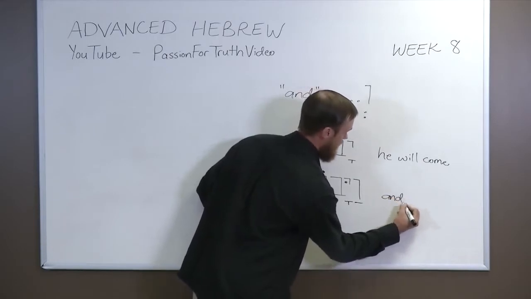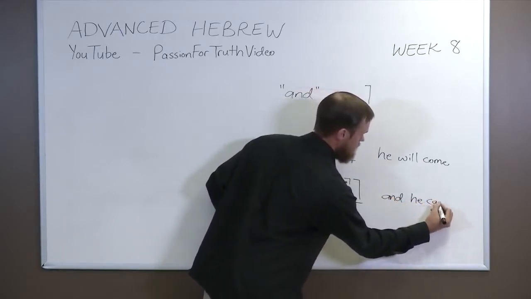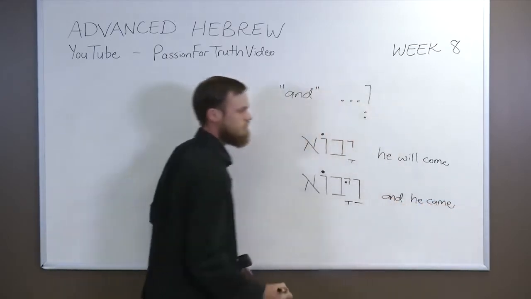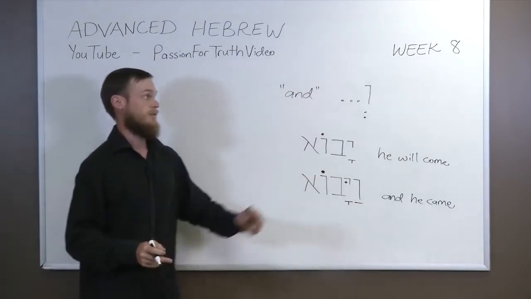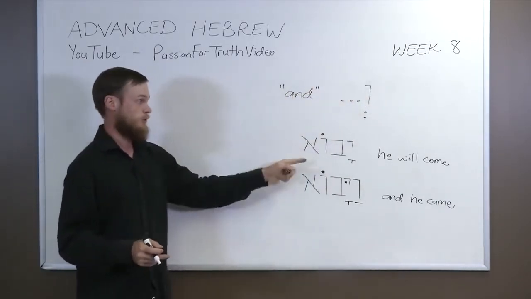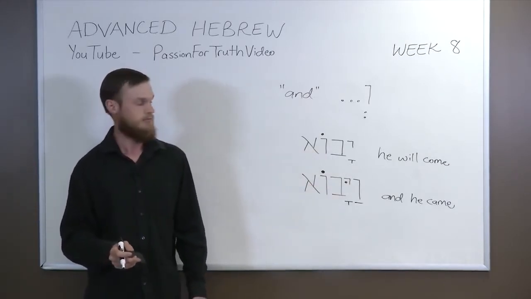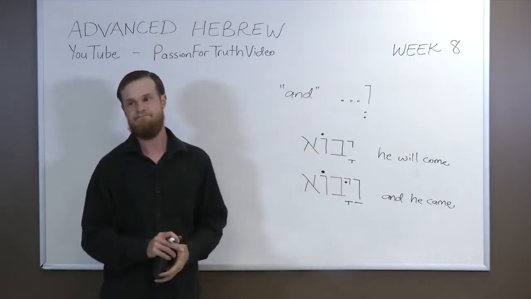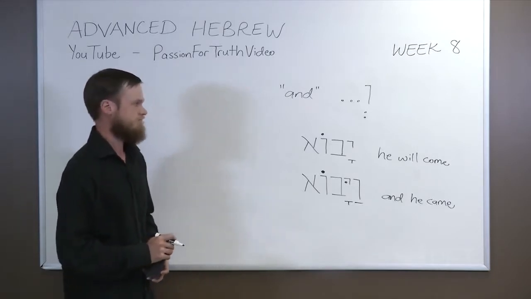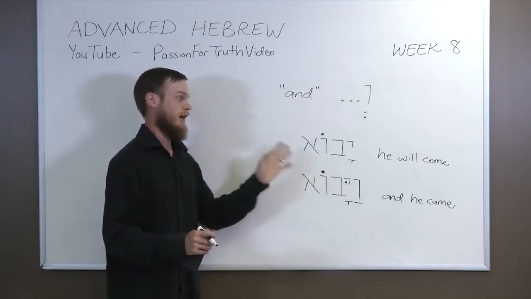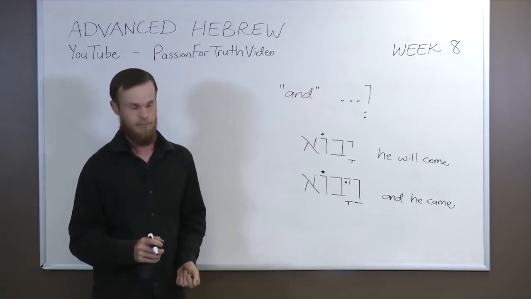So this becomes and he came. So when the vav prefix is added to a future tense verb, it changes it to the past tense. Vayavo. So yavo, he will come. Vayavo, and he came.